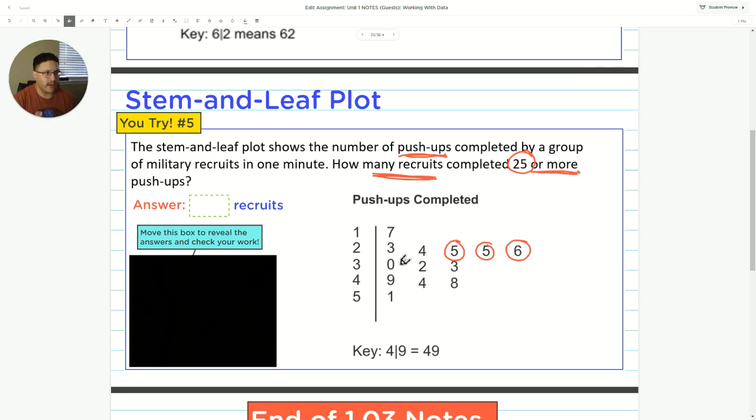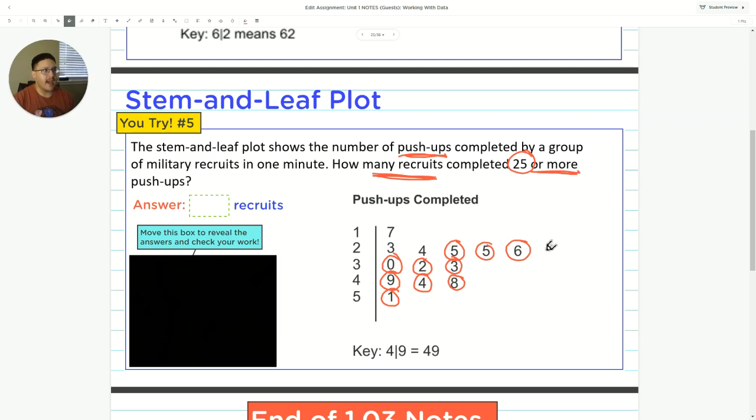So that includes the 26, 30, 32, 33, 49, 44, 48, and 51. I realize that those numbers are out of order. So be very careful about that. It would probably help y'all if you had them in order, but because we wanted or more, it didn't really matter. They were more than 25, so that's okay.